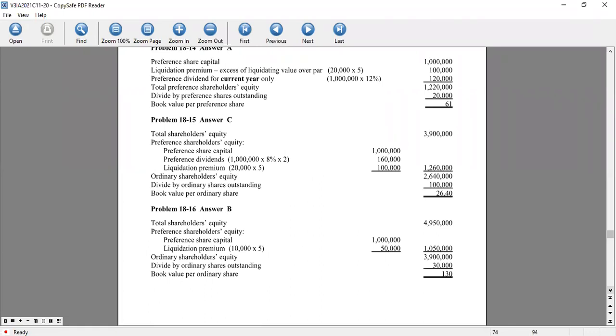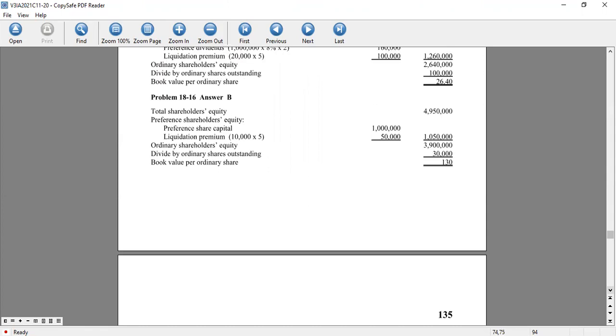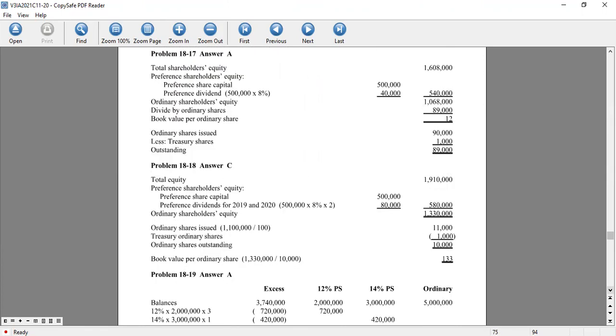Then we go to number 17. And the requirement is what amount should be reported as book value per ordinary share. Now, for the total in number 17 of the total shareholders equity of 1,608,000, deduct the preference share capital of 500,000 and the dividend equal to 500,000 times 8%.